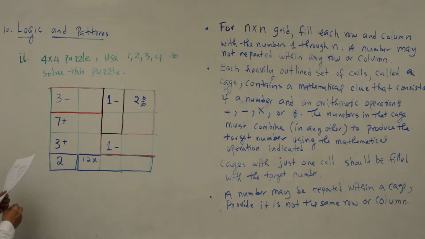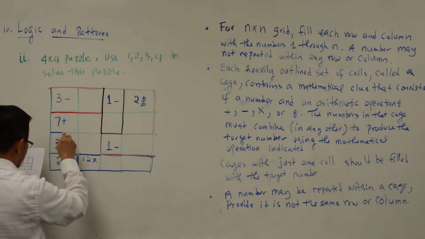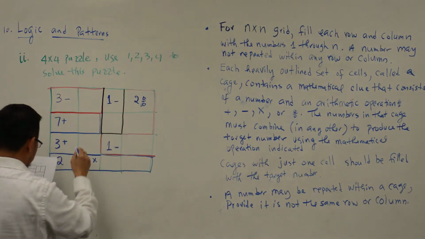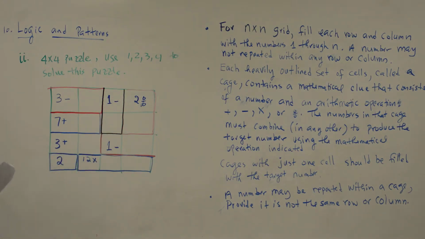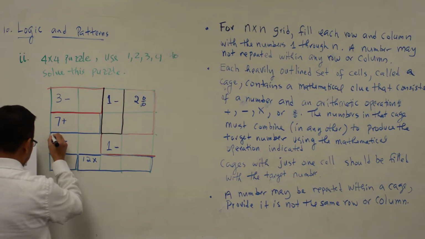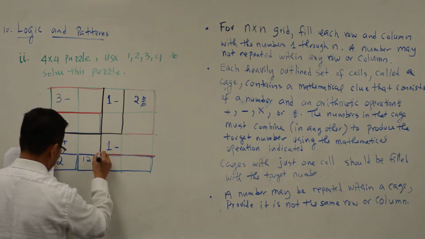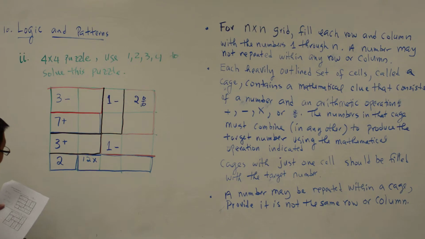Then 7 is from here to here. And 3 is from here to here. Okay, so we know all the cages now. So we mark all the cages, so that way we can fill in the numbers.